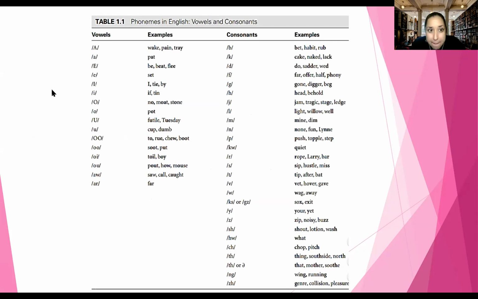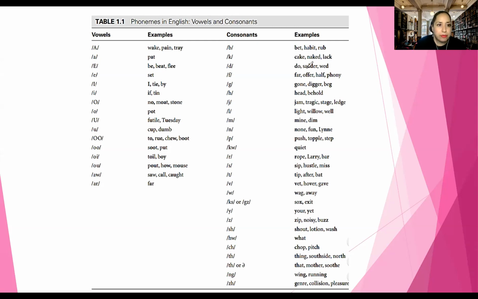And we have examples of how you use the phoneme next to them in the columns on the right. So let's start doing this. This is getting very interesting. I'm loving it. Hopefully you're loving it too. Okay, let me just move this because it's not going to be helpful.